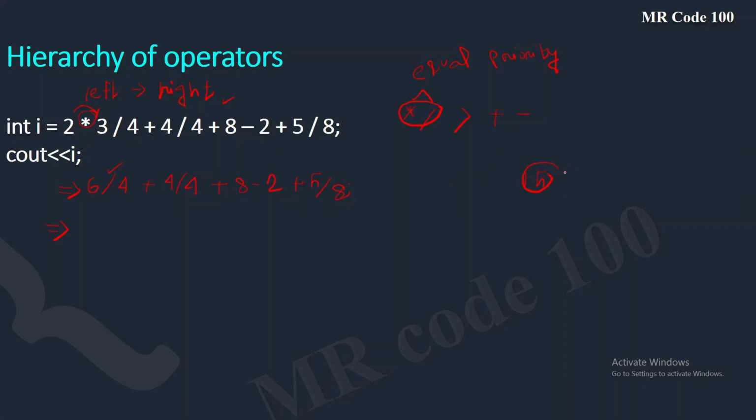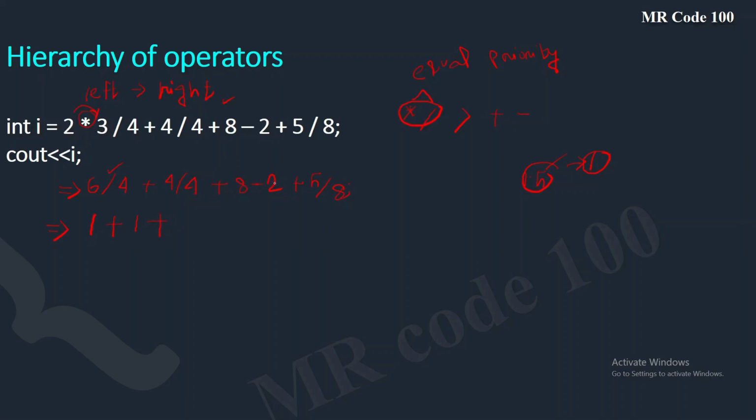As I mentioned in my previous lecture, an integer takes only the real part, not the fractional one. So 6 by 4 means 1. Plus, now you have to do this part, 4 by 4, which means 1. It's easy, right?